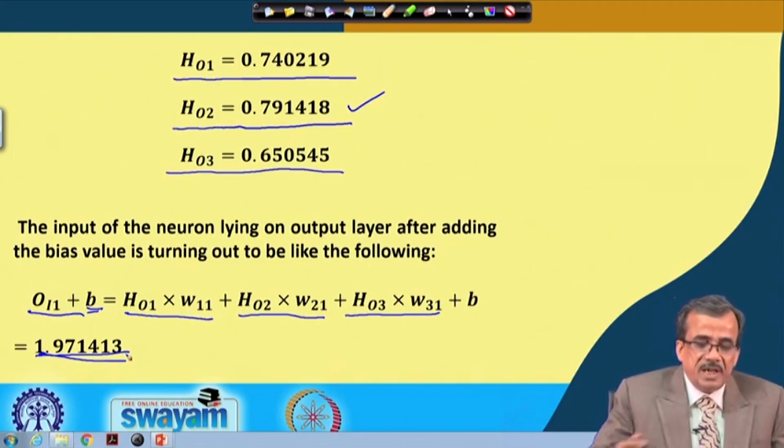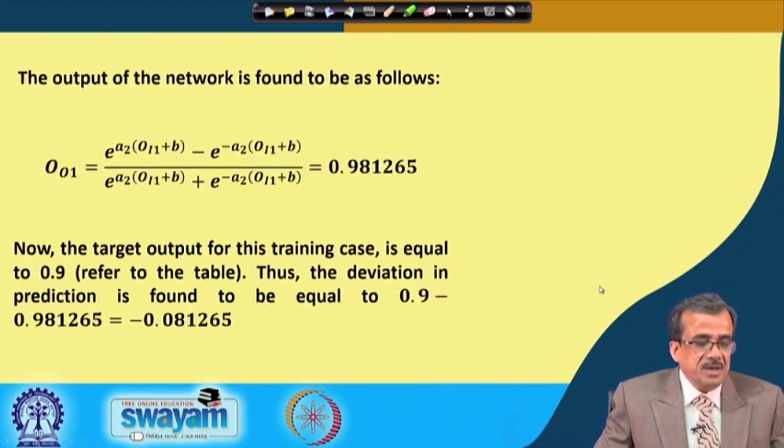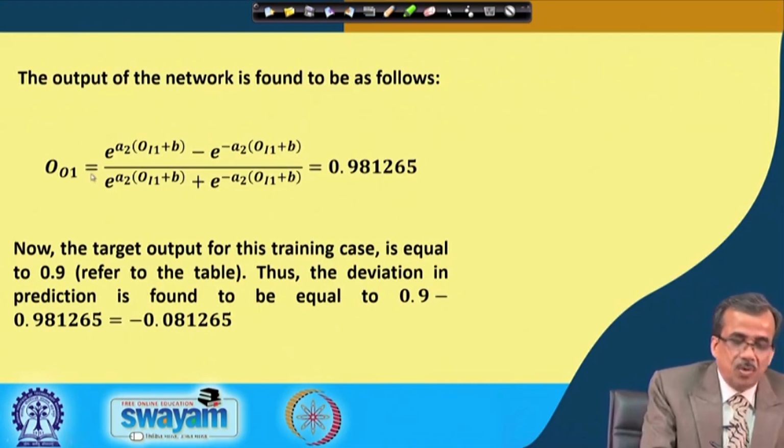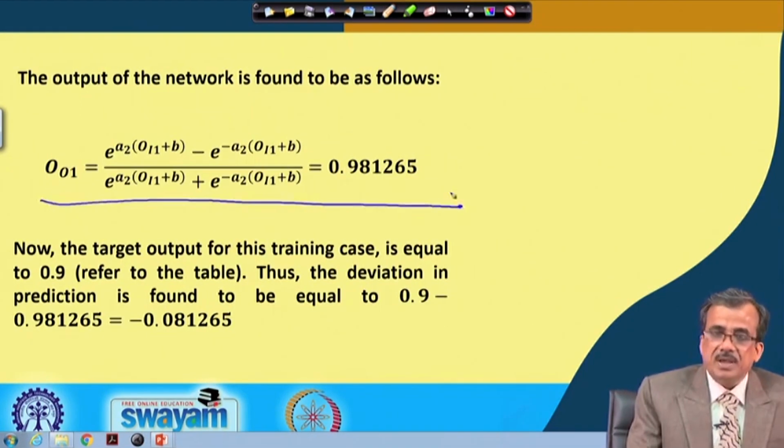And on the output layer we have got some transfer function. Using that, very easily we can find out OO1, that is the output of the first neuron lying on the output layer, and we can use the tan sigmoid transfer function, and you will be getting the calculated output as 0.981265.